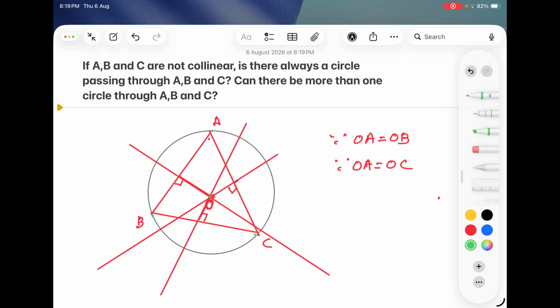Now you see these 3 non-collinear points also determine the triangle ABC. The center O of the circle that passes through the vertices A, B and C of triangle ABC is called the circumcenter.